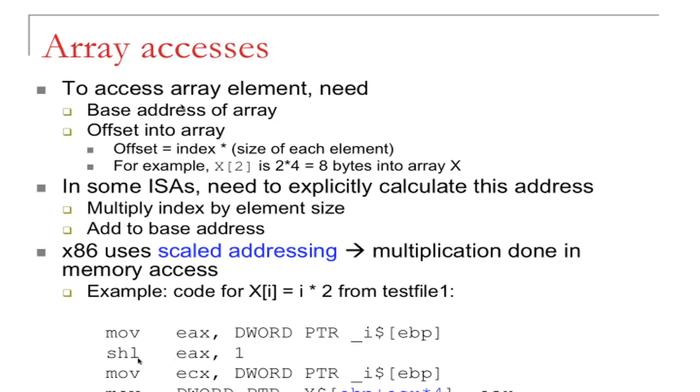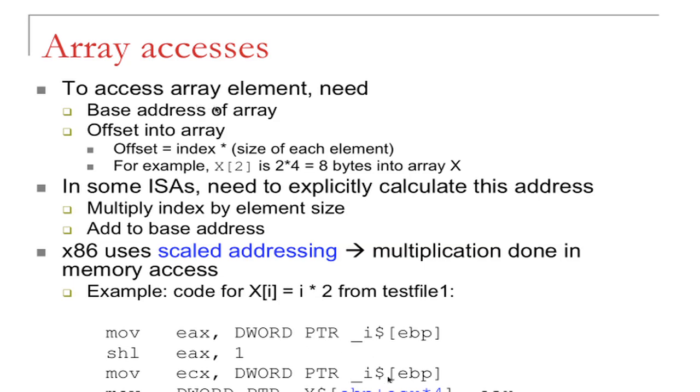Then we do shift to the left for 1 bit. That's the same as multiply with 2. And it's much easier to do shift than doing multiplication from the microprocessor point of view. So EAX now has the twice value of original value of I. Then the third instruction is to do another loading the index to ECX.